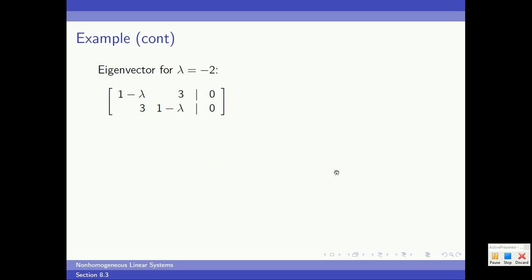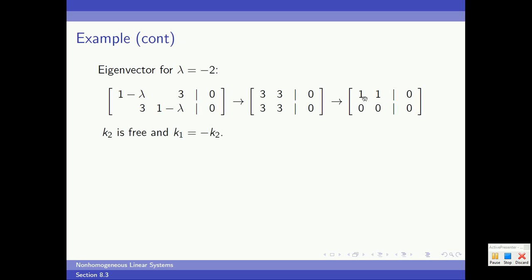Looking at our second eigenvalue, lambda equals negative 2, again we set up the same system. We plug in negative 2, so we have 3, 3, 0, 3, 3, 0. Subtracting these two, we get zeros in the bottom, and multiplying the top by 1/2, we get this system. Again, a leading 1 in our k1 spot and a 0 in our k2 spot, so k2 is free. k1 plus k2 equals 0, so k1 is equal to negative k2.